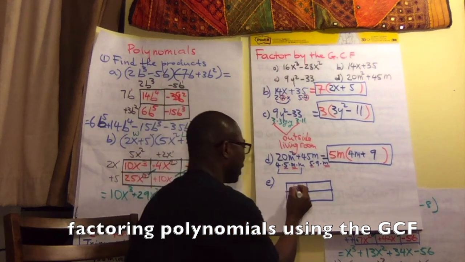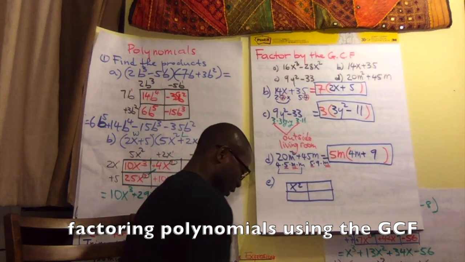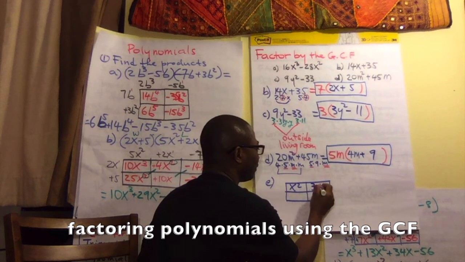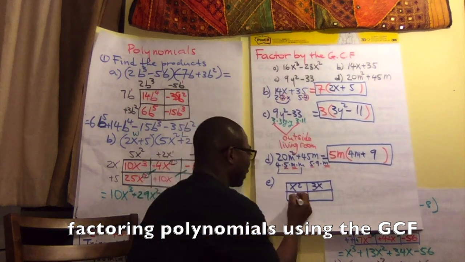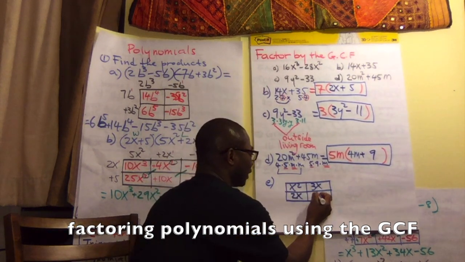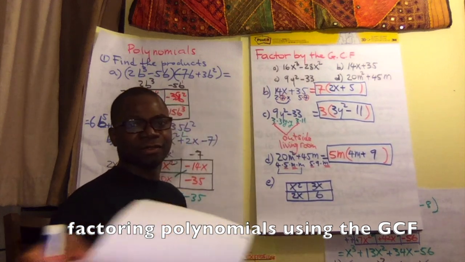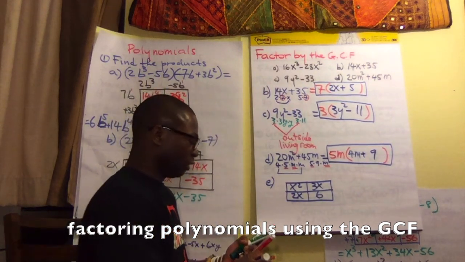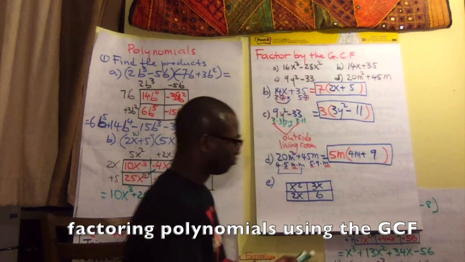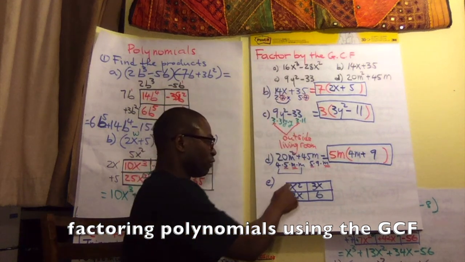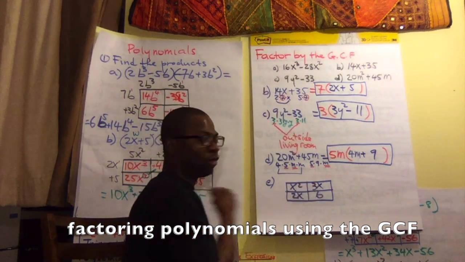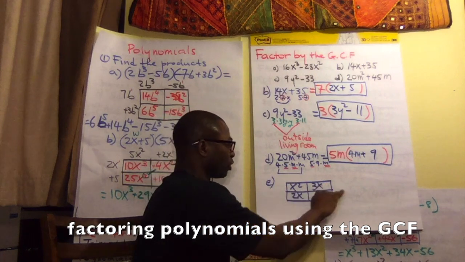Have x squared here. Have 3x here. Have 2x here. And I have 6 here. Okay. All right, let's see. So when we have something like this, we can look vertically at what they have in common. Then we can look horizontally at what they have in common.